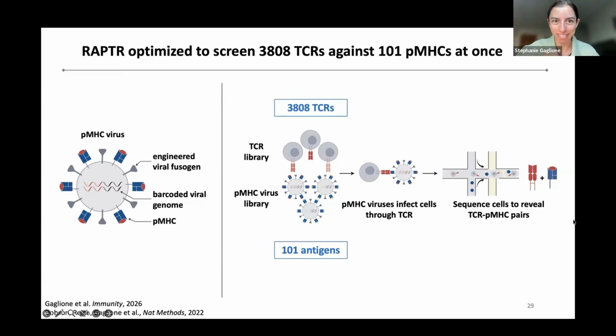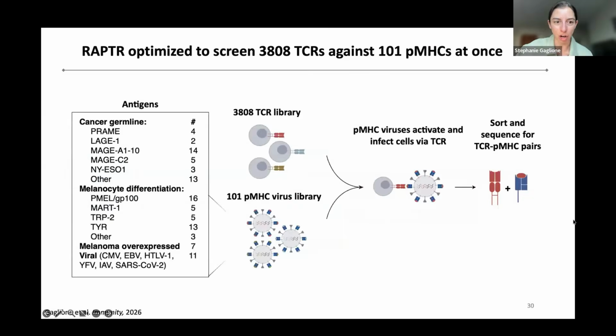And from here we said, all right, let us use this for the first time. Let's apply it and integrate it with this TCR library that we've constructed, and see if we can pull out the TCR-antigen pairs in a true first library-on-library actual data set that we want to examine to look for reactivities. And so we constructed, to start here, a list of 101 peptide MHCs, and this peptide MHC list was arrived at as melanoma related.